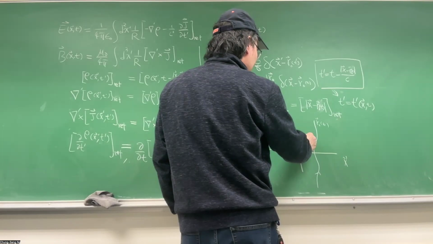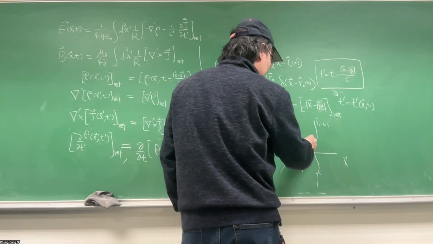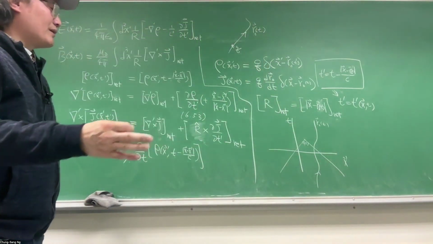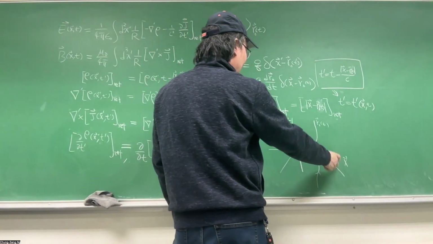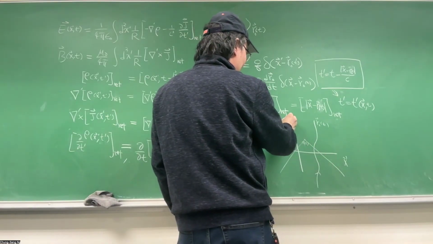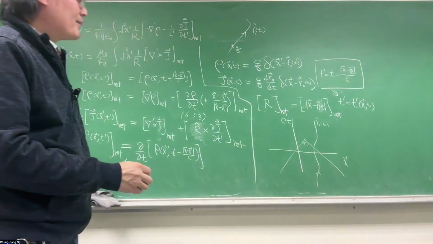So you draw a light cone at 45 degrees, where the slope is 1. You need to put in the same dimension in order to have a slope equal to 1, so you can put a c here, c times t.